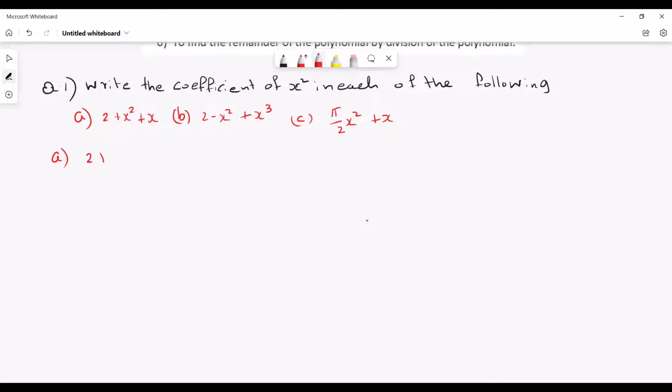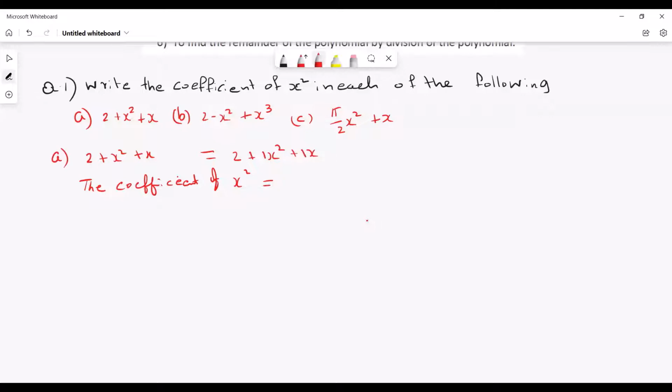So given is 2 plus x square plus x, and this we can write as 2 plus 1 x square plus 1 x.